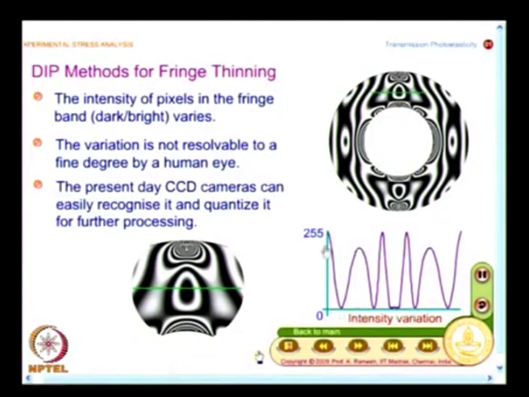So, you find that intensity varies across the fringe thickness. What you see as a black fringe is not really black, you have a variation of intensity, that is what you see here, and this is decently captured by your digital camera.